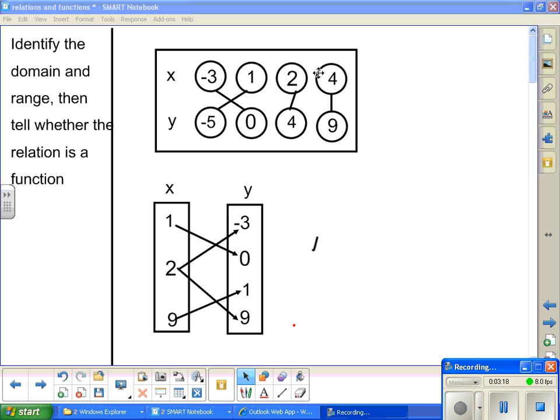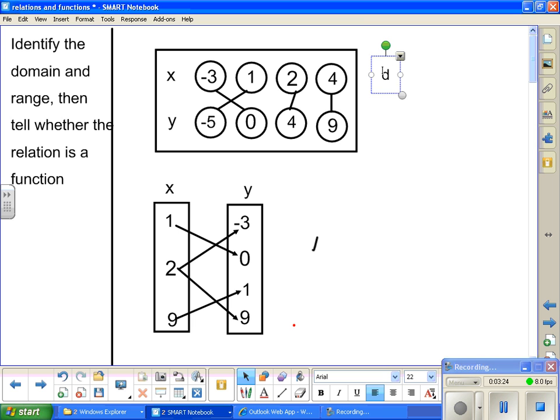So we're going to go ahead and try to find, we want to list the domain and the range. The domain is going to equal 3, 1, 2, and 4. The range is going to equal 5, 0, 4, 9. And then we want to know, is it a function?